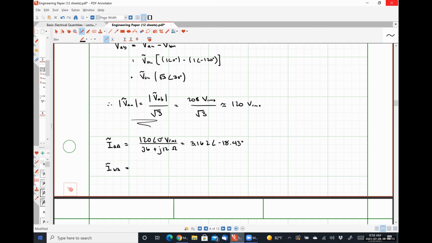So what would our line current IBB be? It would be the same magnitude plus minus 120. Because we have a positive phase sequence, it'll be minus 120. So that would be minus, let's see, 138.43 degrees. Sorry, and this should be amps RMS.